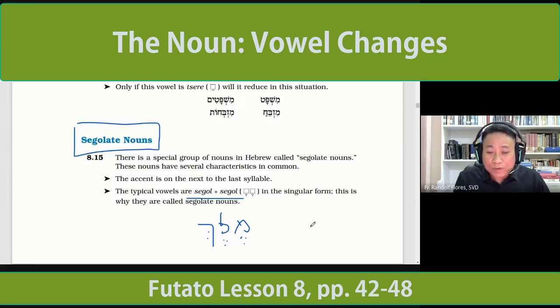Now, notice how you pronounce it. Melek. So the segolate noun is characterized by pronouncing the accent on the first syllable. Me-lek. Not melek. Not davar. Davar is not a segolate noun. So segolate is two segols, one after the other, and therefore your pronunciation now would be melek.